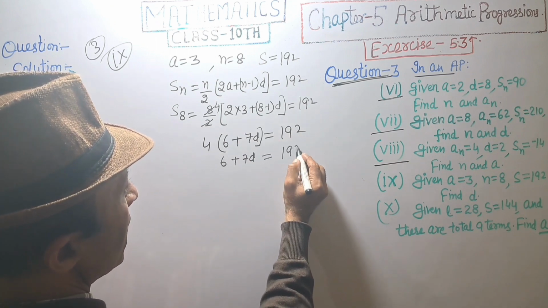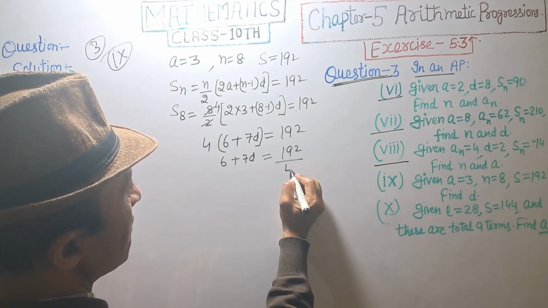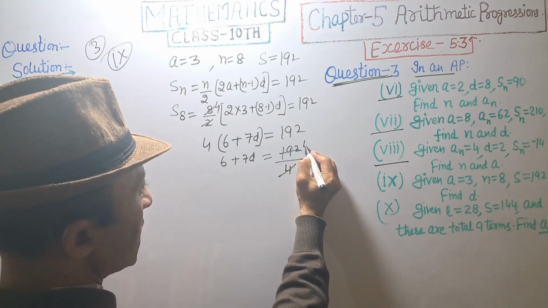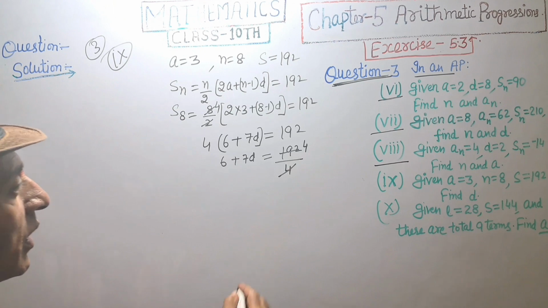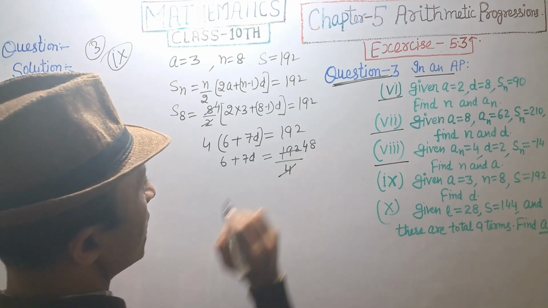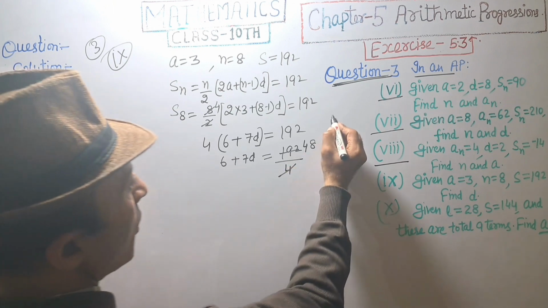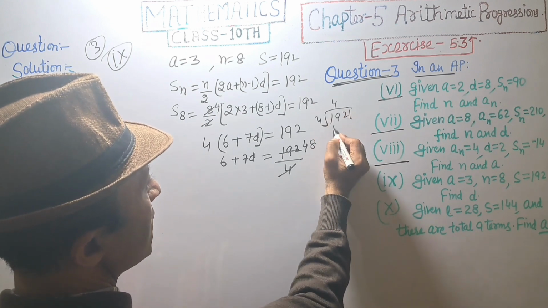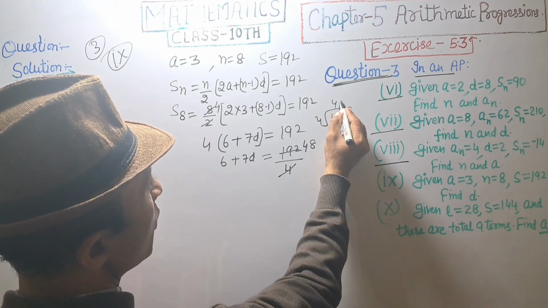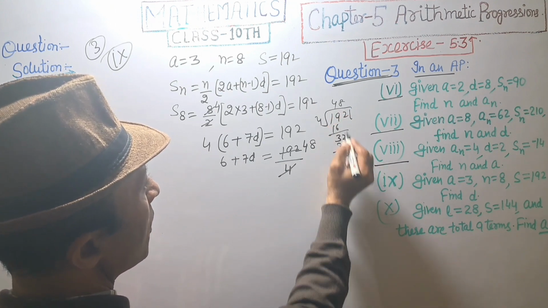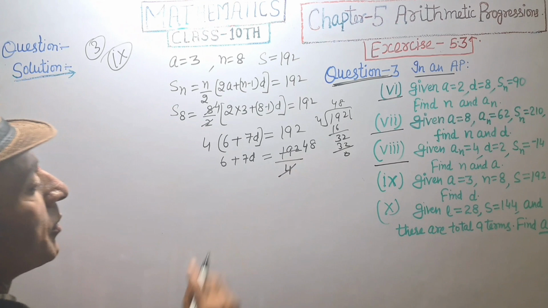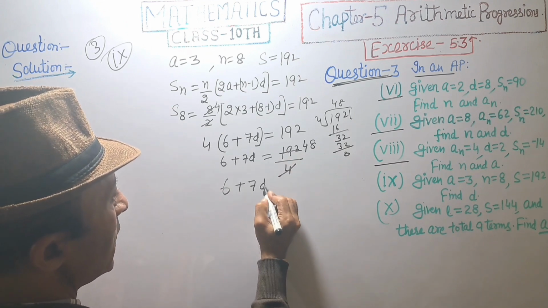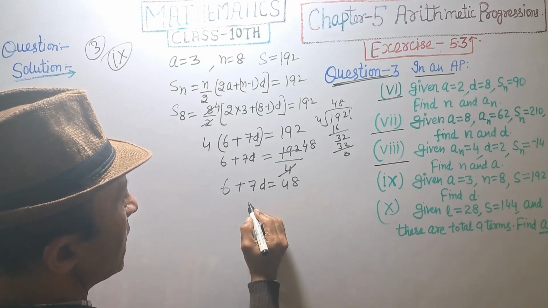That is 192 divided by 4, and 4 4s are 16 and 4 8s are 32, which is divisible by 48. 6 plus 7d is equal to 48.